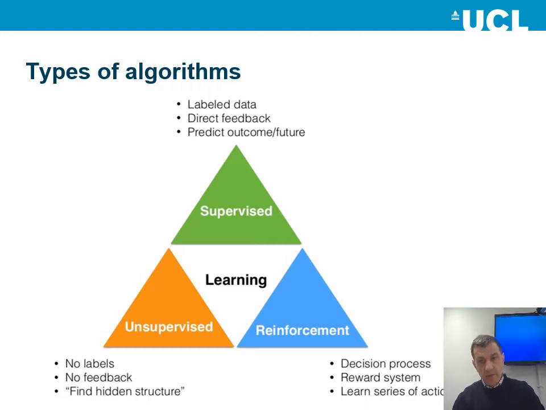When the algorithm is being trained, somebody gives it a set of examples for which the outcome is known, and it's then observed whether or not the algorithm is getting that classification right or wrong, and the algorithm is adjusted until the proportion that it's getting right is the highest that can be achieved.